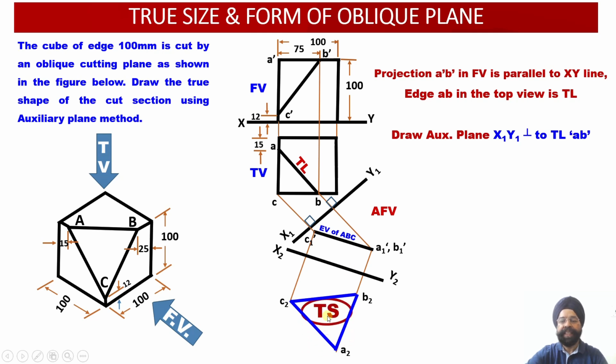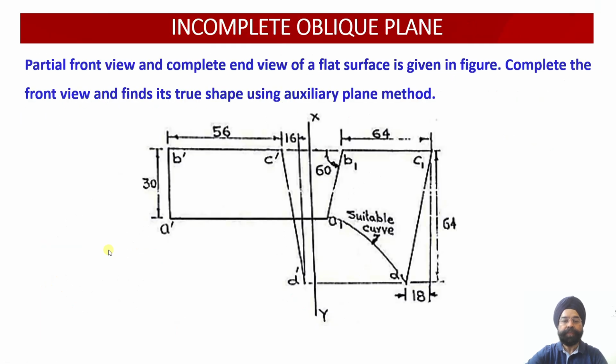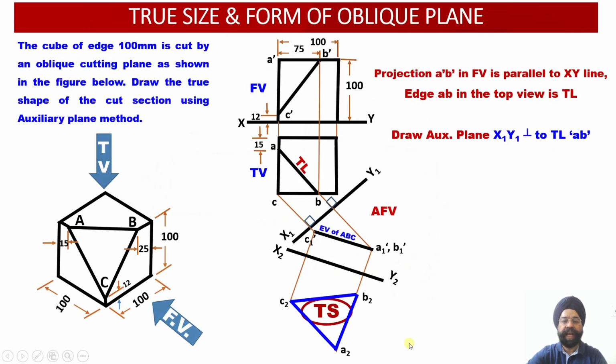Since I had drawn my AIP parallel to the edge view of the line, any auxiliary view obtained with respect to the edge view of the lamina or the cut section will give me the true shape of this sectioned view. Whatever section was there, I am able to obtain its true shape using the auxiliary plane method.